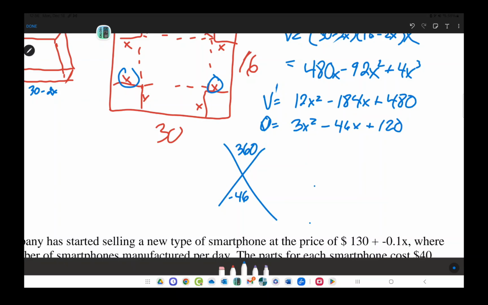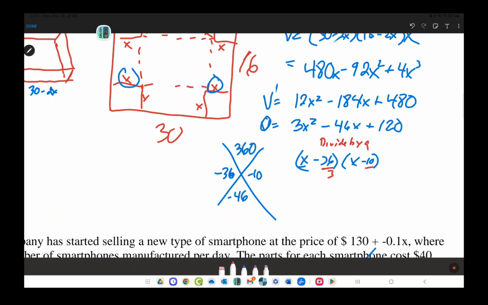Negative 36 and negative 10. So you have x minus 36 and x minus 10. You guys ever done the divide by a?